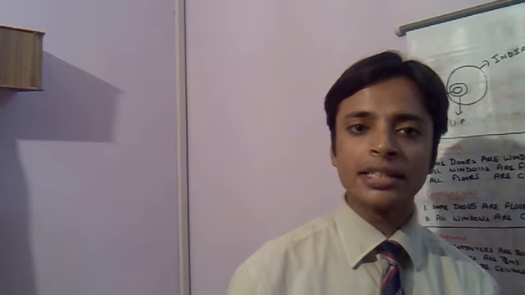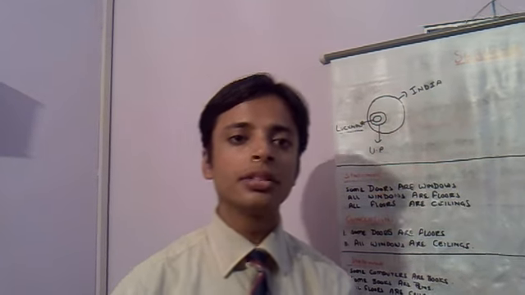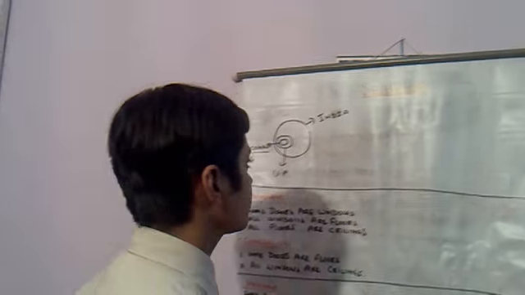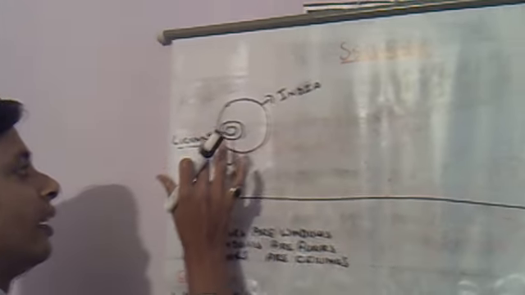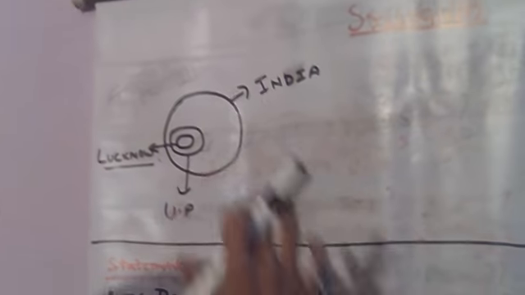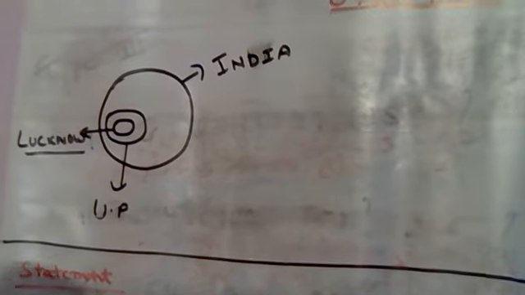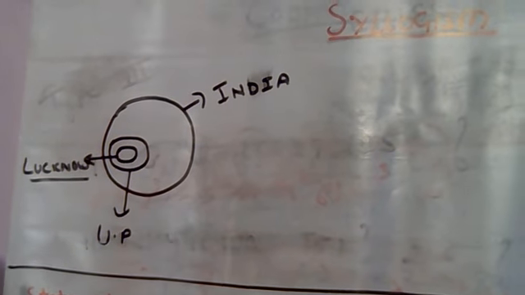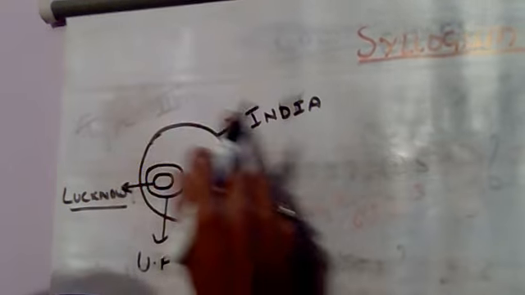Let's see what a syllog is. Let's first know how to solve a syllog. Over here we can see I've made a diagram with India, Lucknow, UP and all. First of all, let's see what this diagram shows and how we can learn from it. I've made a circle, a Venn diagram, and labeled it as India.